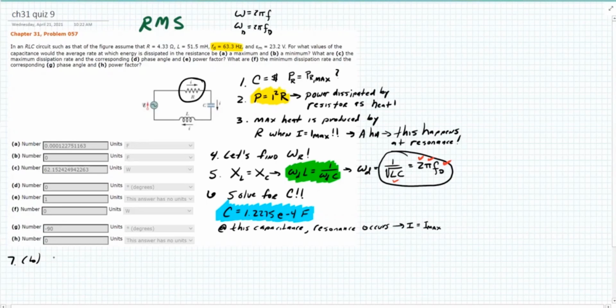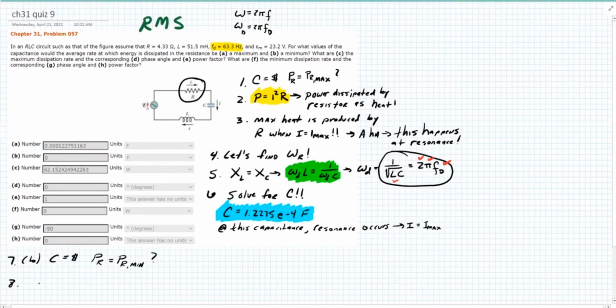What value do you have to set C to such that the power produced by the resistor, which is creating heat, is going to equal its minimum value? Okay, so this is what we're after.